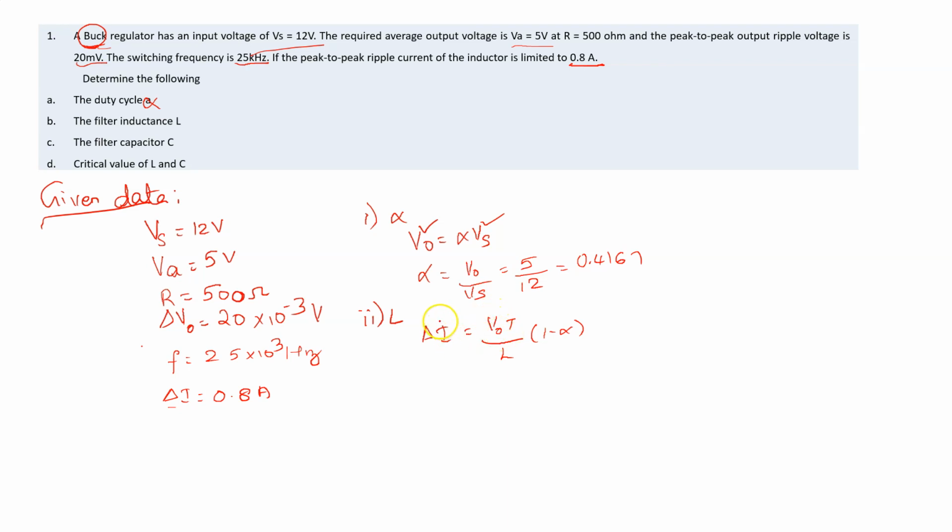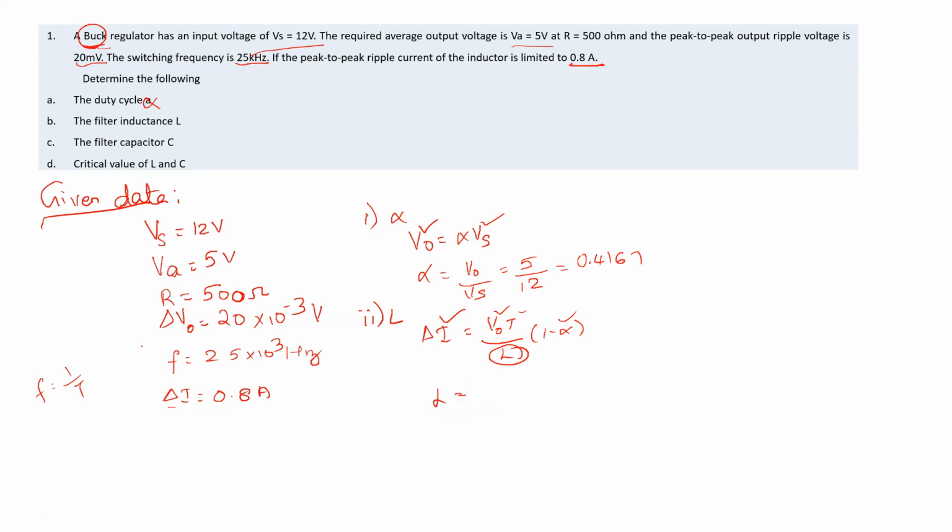Del I is already given as 0.8. V naught is the average output voltage of 5 volt. T is the time period. Frequency is given, right? F is nothing but 1 by T, so with that also we can substitute. Alpha also we have found out. So from this we can find out the L value.